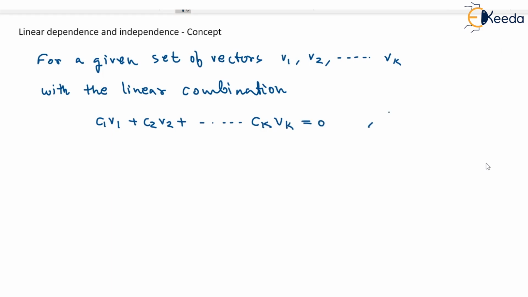Otherwise we can write it as the sum of ci vi for i equal to 1 to k equal to 0.